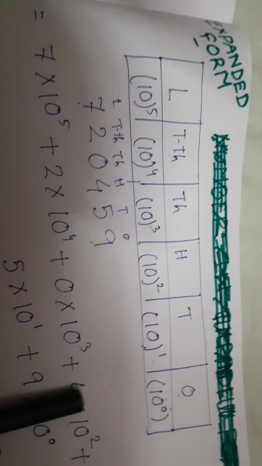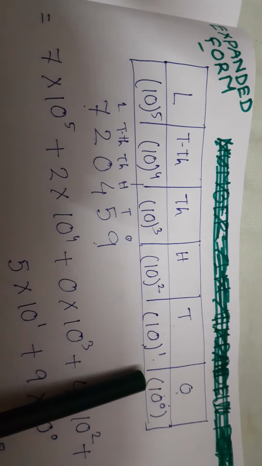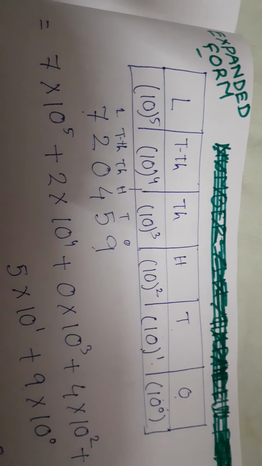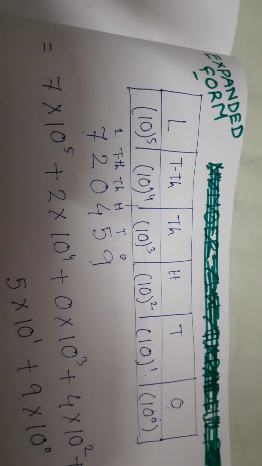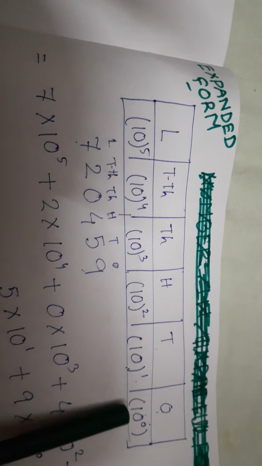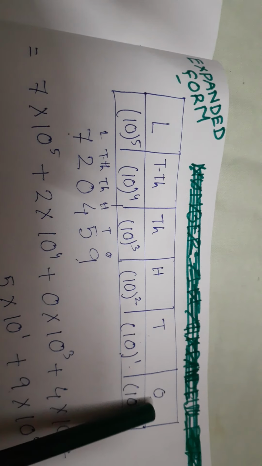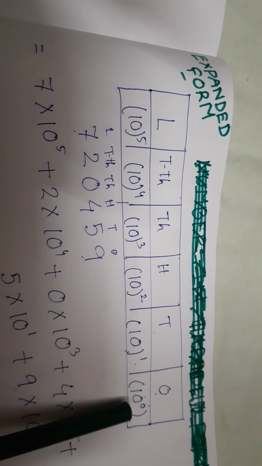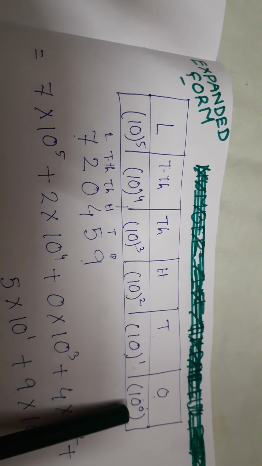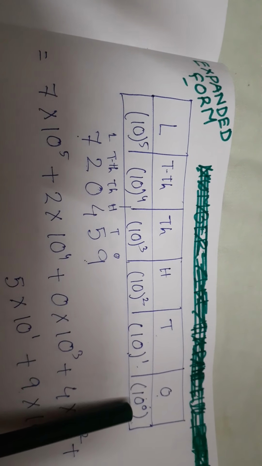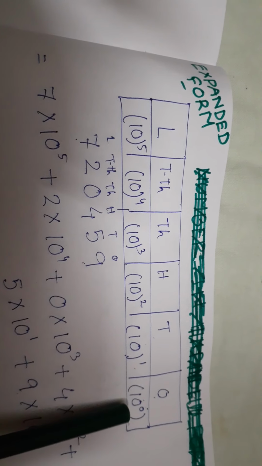You can see here in the place value chart, this is 10 raised to the power 0. Instead of 1s we can write 10 raised to the power 0, because 10 raised to the power 0 is actually 1. Rather we can say anything raised to the power 0 is 1.